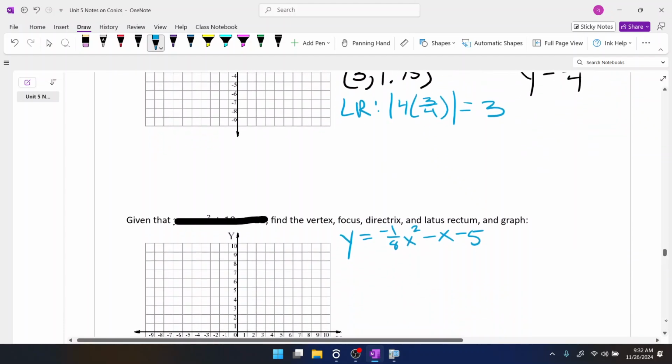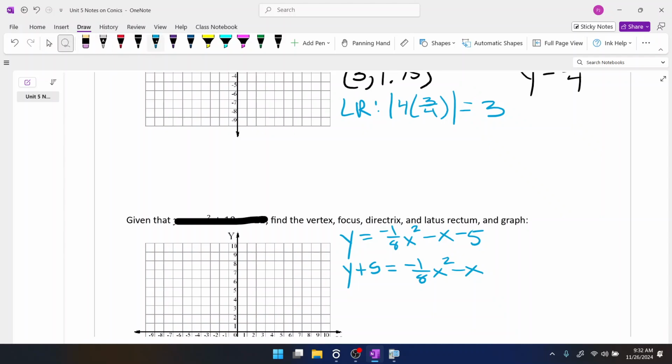Now, what we'll do here is we'll move this 5 over, and you're going to get y plus 5 equals -1/8 x squared minus x. And kind of for simplicity, let's flip-flop them. Equals y plus 5.